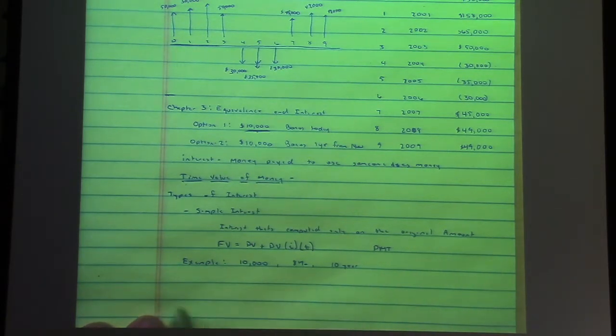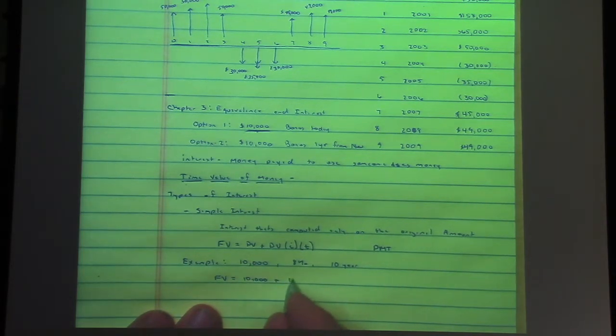Okay, so in this case, what we would see is that we would have the future value of this purchase or of this loan, or whatever the case is, going to be the $10,000, which represents our principal or our present value, plus the $10,000 times the 8%, which we should express as a decimal, 0.08 is equivalent to 8%, times the 10 years.